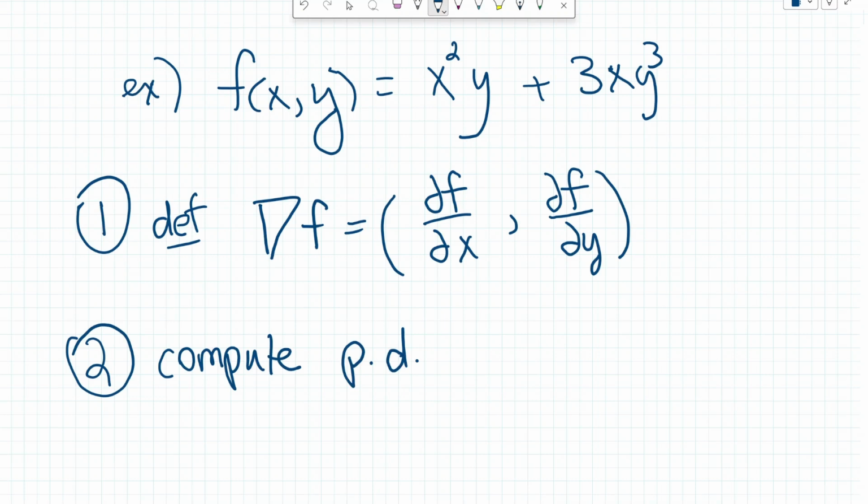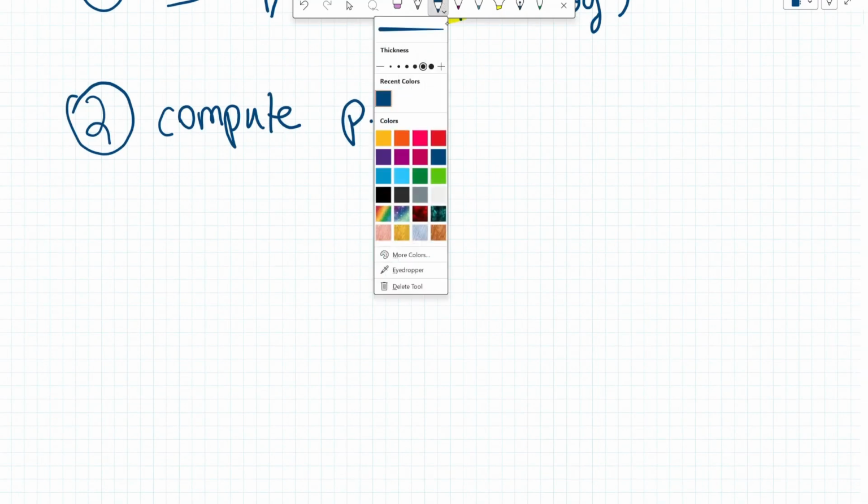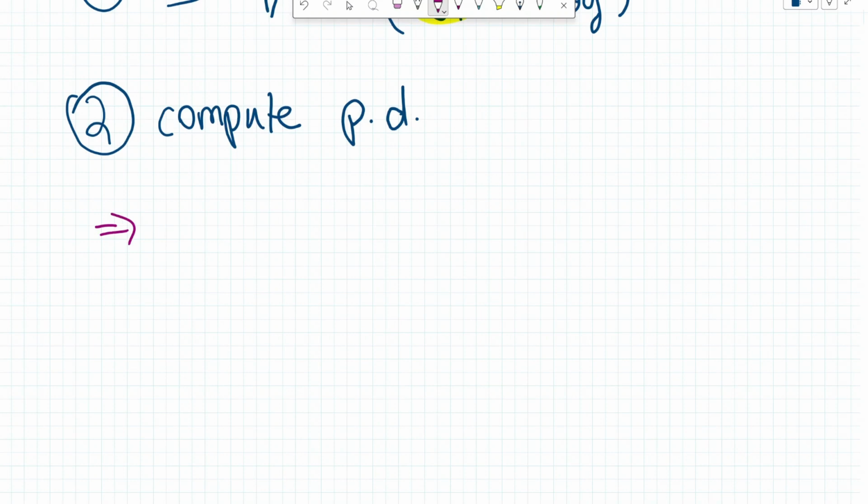We're going to start off with computing the partial derivative of f with respect to x. Let's do that right over here. Let's change our color up. So we've got purple. Okay, so we're looking for df over dx. Recall our discussion from partial derivatives. That means we are going to treat y as a constant and simply differentiate with respect to x.